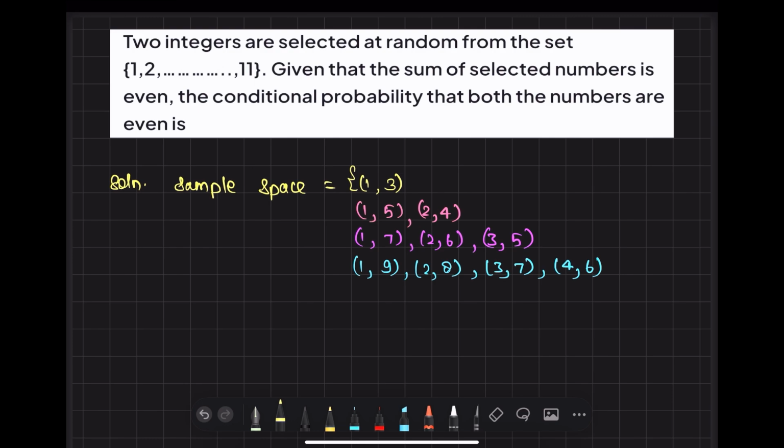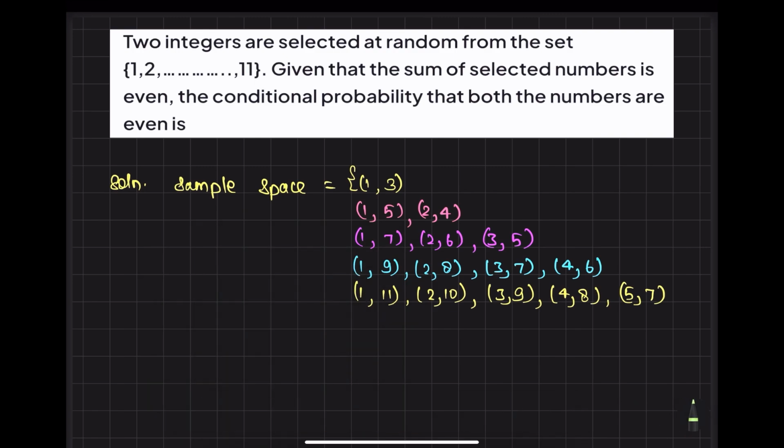So 1 and 11 is yes, then 2 with 10 is also yes, 3 with 9, 4 with 8, and then 5 with 7, yes, and then 6 and 6, which is not allowed. So 12 is done.